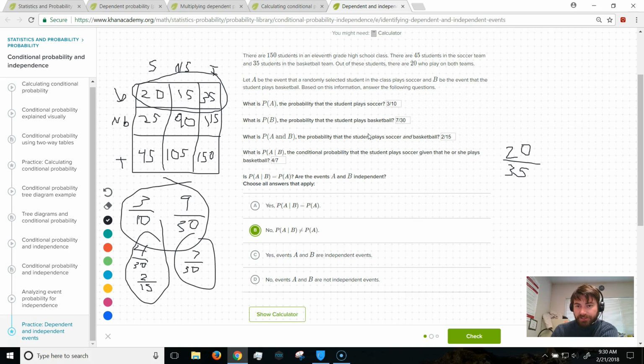And the answer is yes. And the reason the answer is yes is because the probability is not the same. If the probability that they play soccer is the same whether or not they play basketball, that means basketball does not affect the probability they play soccer. But because they're not the same, the probability they play basketball does affect whether they play soccer. So that means they're not independent events.